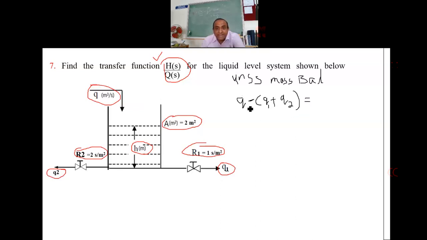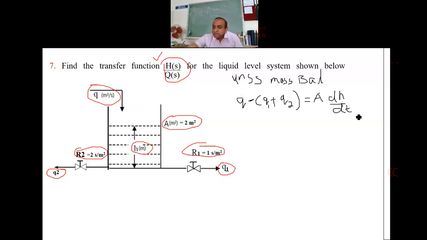So input minus output equals rate of accumulation. Area is constant, so I will take it outside the differentiation. So what you get is A dH by dt. See there. Correct? Fine.